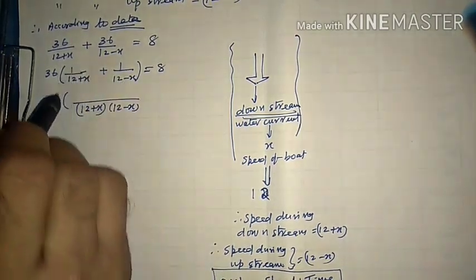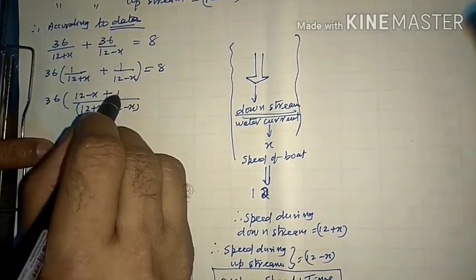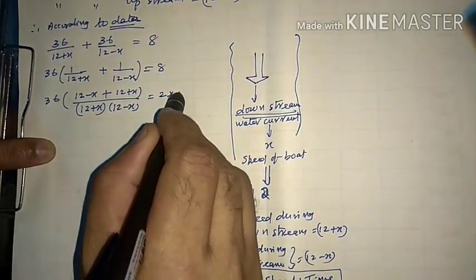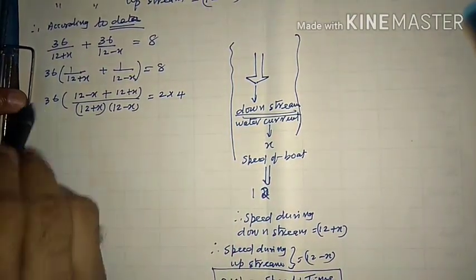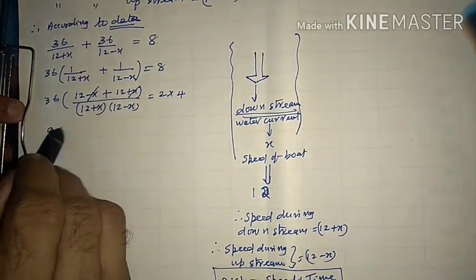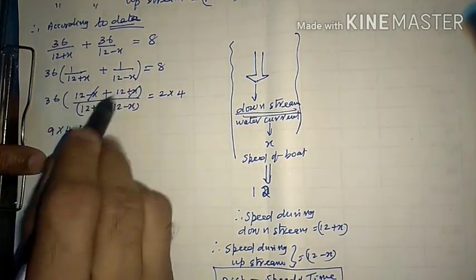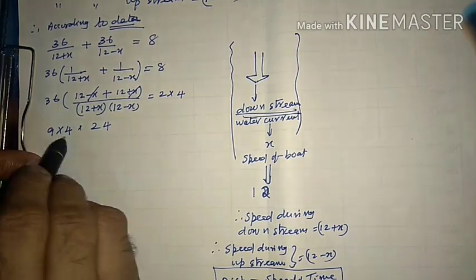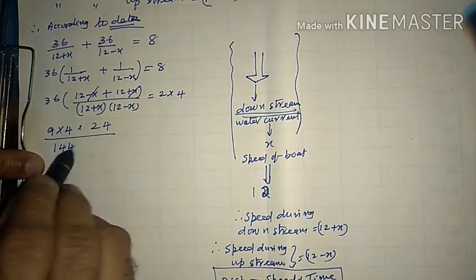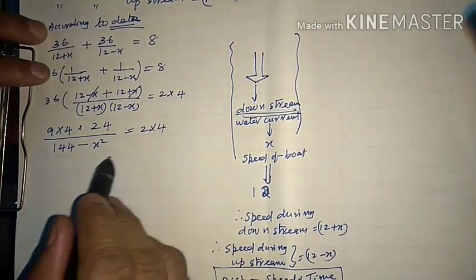Now we cross multiply: 12 minus x plus 12 plus x, equal to, this 8 is 2 into 4 and 36 is 9 into 4. Minus x plus x cancels, and 12 plus 12 is 24 upon a plus b into a minus b, which is a square minus b square: 12 square is 144 minus x square.